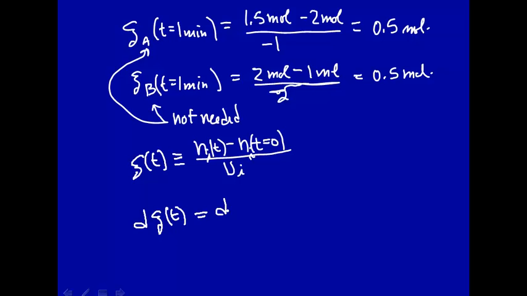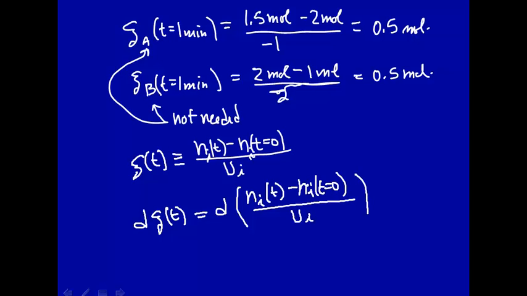That would be how this thing changed: d n sub i of that species of time, doesn't matter whether it's reactant or product, minus n sub i at time equals 0, as long as you divide by the stoichiometric coefficient, which is a constant. n sub i at time equals 0 is also a constant, so this is just equal to 1 over nu sub i, a constant, times d n sub i of time.